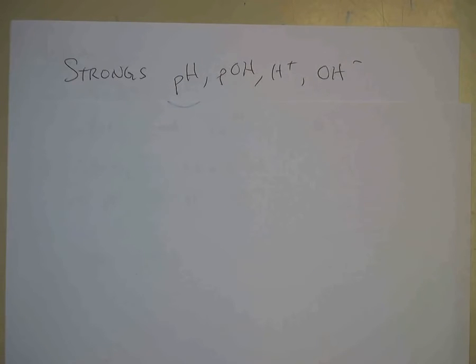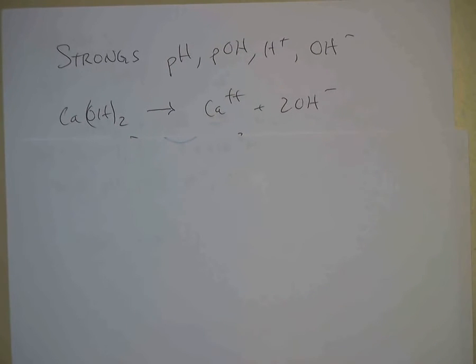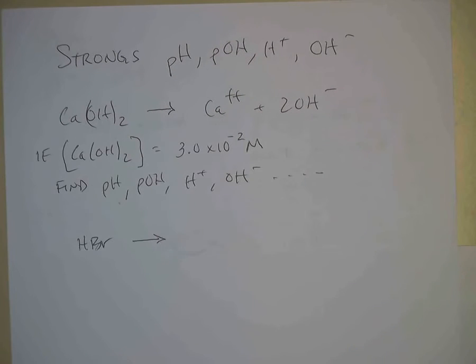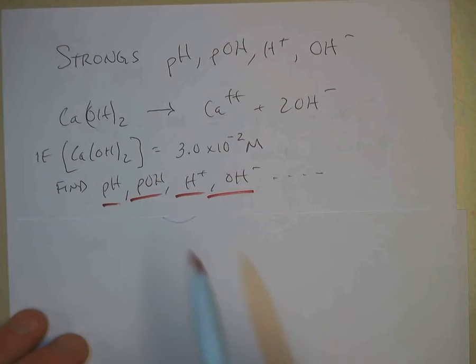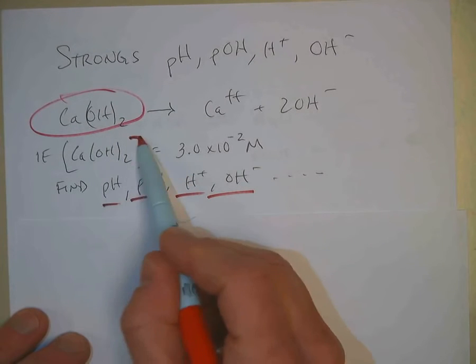So, how do we calculate the pH, POH, H plus, and OH minus from strong substances? Say, for example, we've got calcium hydroxide. Calcium hydroxide dissociates, or divorces, or ionizes, just like this equation says right here. If the calcium hydroxide concentration is 3 times 10 to the negative 2, find the pH, POH, H plus, and OH minus. Well, this is tricky for some people because they don't realize that since this is strong, this is technically a misnomer.